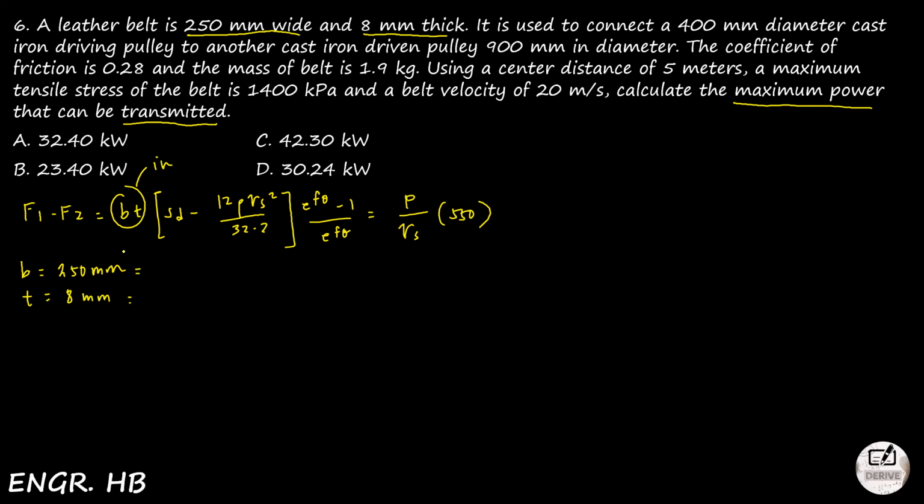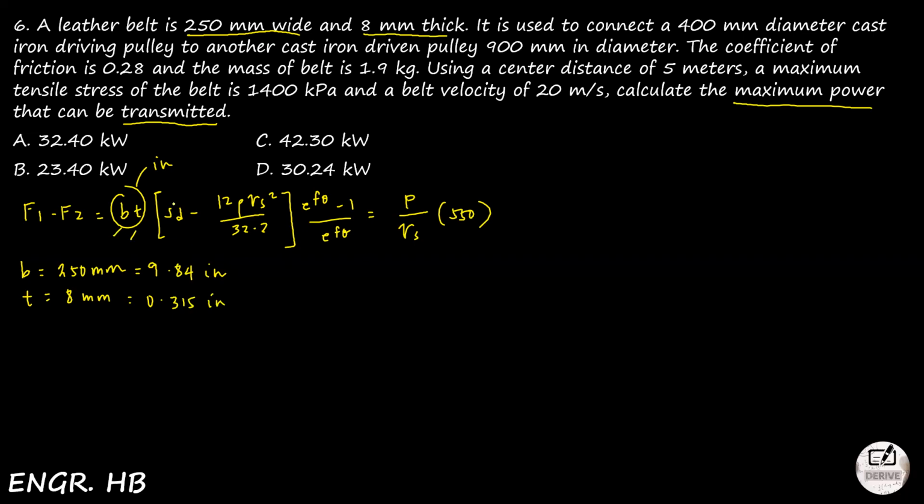So 250 divided by 25.4, since in every inch there are 25.4 mm. That will become 9.84 inches, and 8 divided by 25.4 will become 0.315 inches.